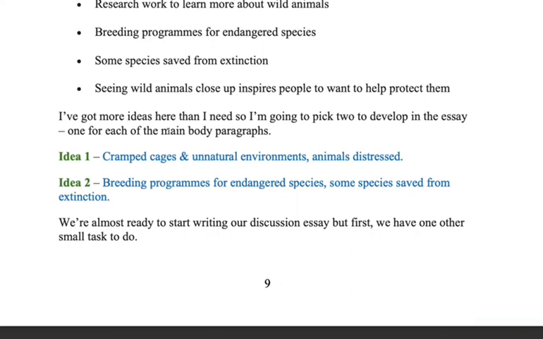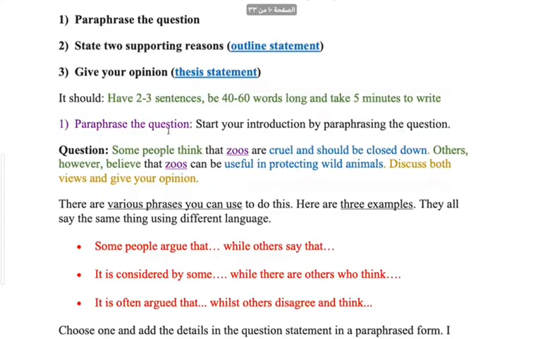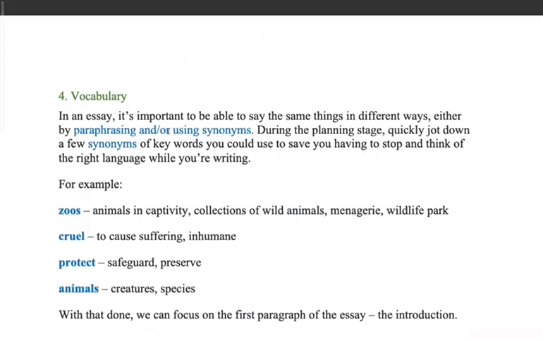So we are almost ready to start writing our discussion essay, but first we have one other small task to do. What is it? It's about vocabulary. In an essay, it is important to be able to say the same things in different ways, using synonyms, paraphrasing, okay?